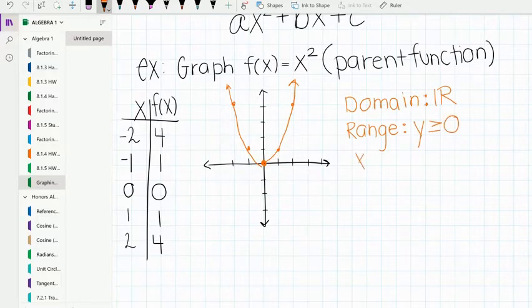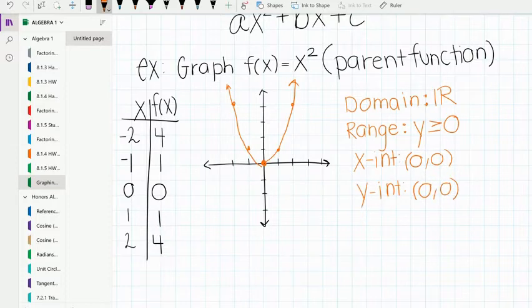We're going to talk about x-intercept and y-intercept. The x-intercept is the point where the graph crosses the x-axis, and the y-intercept is the point where the graph crosses the y-axis. In this case, both the x and y-intercept are 0, 0.